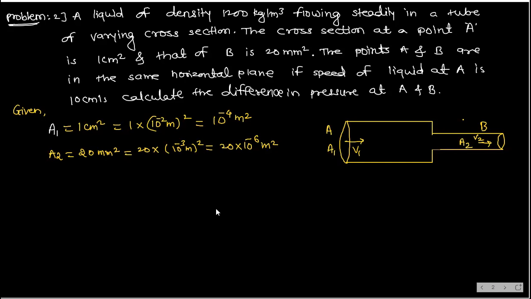Now what I am doing, density of liquid also they have given. So density of liquid is 1200, which is not water. So 1200 kg per meter cube.